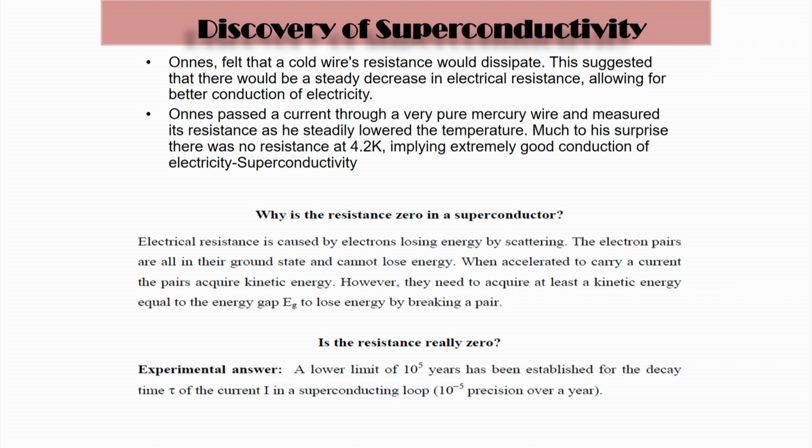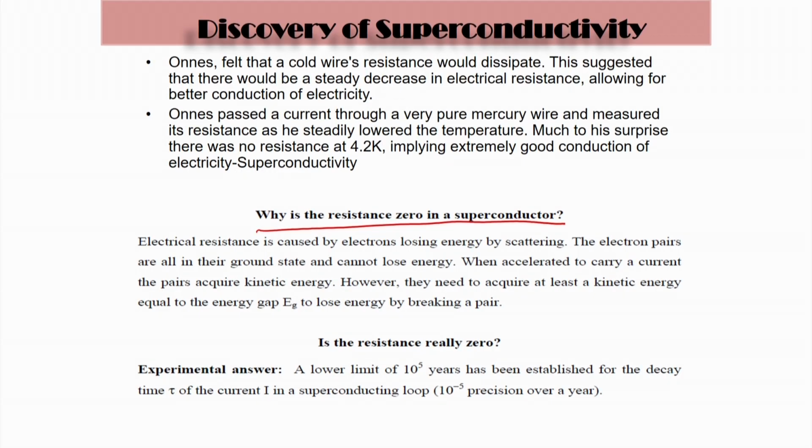So, the question is, why is resistance 0 in a superconductor? Electrical resistance is caused by electrons that lose energy by scattering with each other. So, there are new channels that open up in which the energy can be dissipated, and because of this scattering between electrons, the energy dissipates.